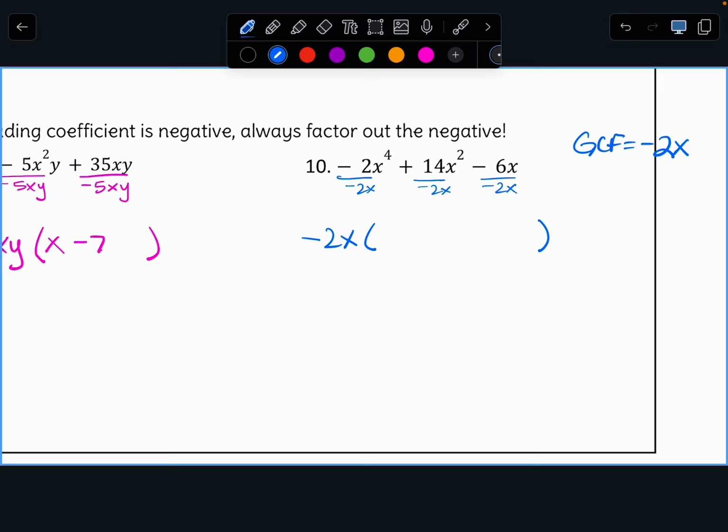Okay, so negative 2x to the fourth divided by negative 2x leaves me with positive x cubed. 14 divided by a negative 2 is negative 7x. And two negatives, negative 6 divided by negative 2 is positive 3. And then my x's are canceled.